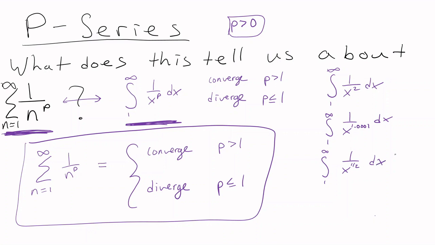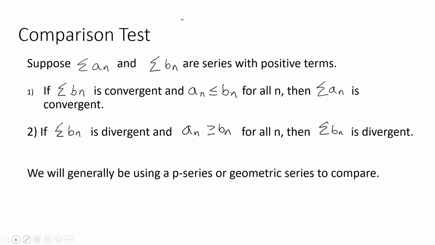Do a couple of these and you'll see that it follows the rule perfectly: converge, converge, diverge. You'll see that happens if you do the limit out. So all we need to remember is that the p-series will converge for p greater than 1 and diverge for p equal to 1 or less. That's going to be super useful because we're going to be using that for the next test.